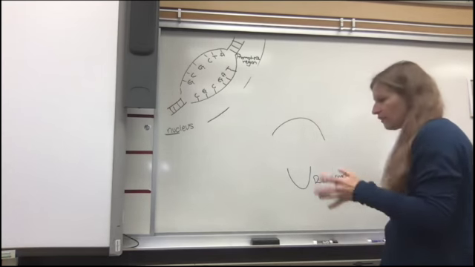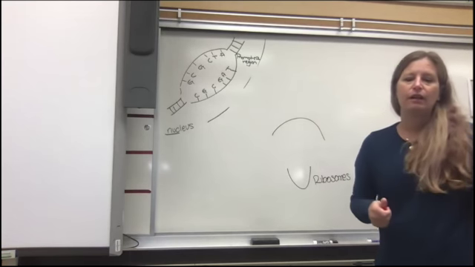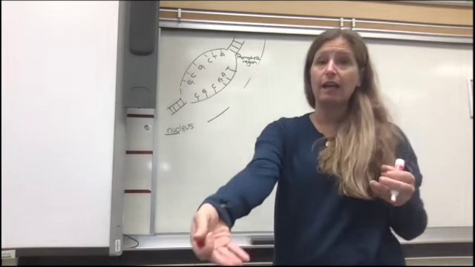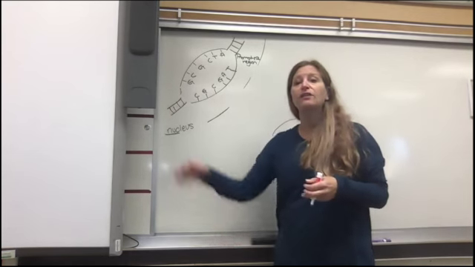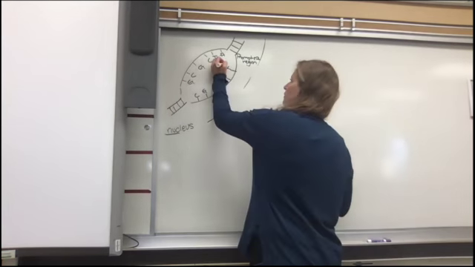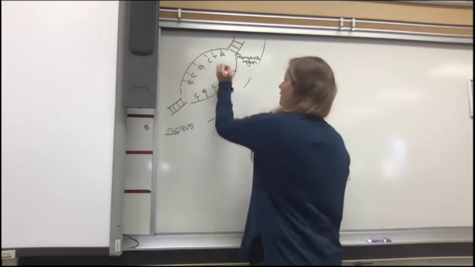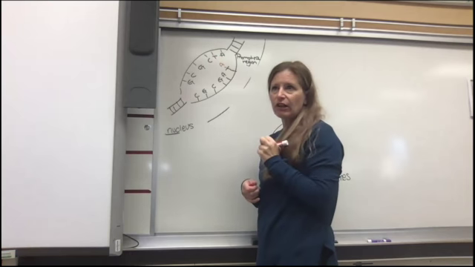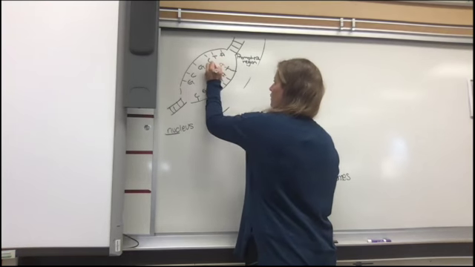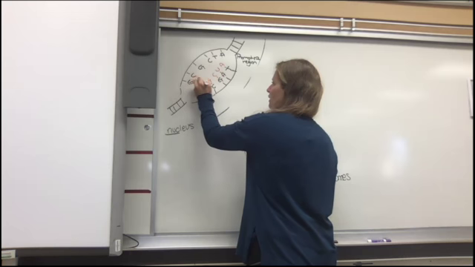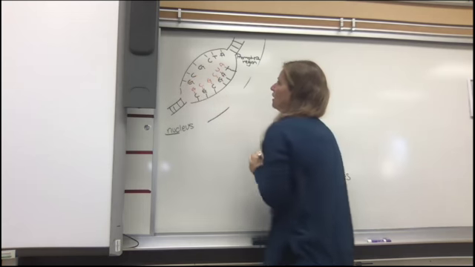RNA polymerase says this is what you need to transcribe into a new message. And so we're going to make something called messenger RNA. So the messenger RNA is going to take the instructions from the nucleus to the ribosome. When I bond, T goes to A, but now because I'm making RNA, A goes to U, G goes to C, C goes to G, G goes to C, C goes to G.